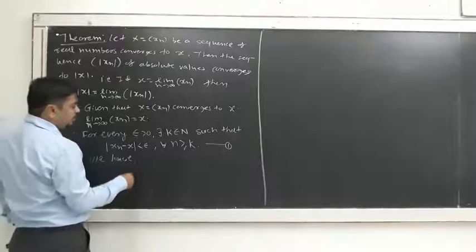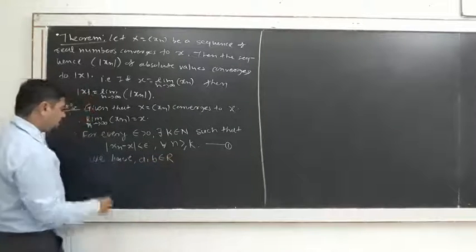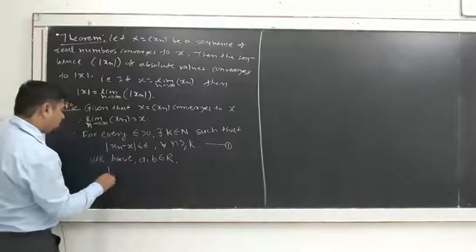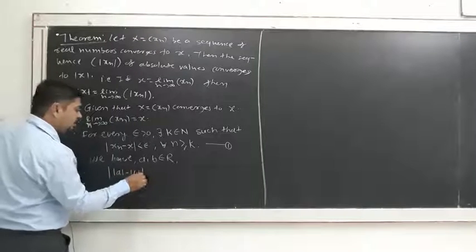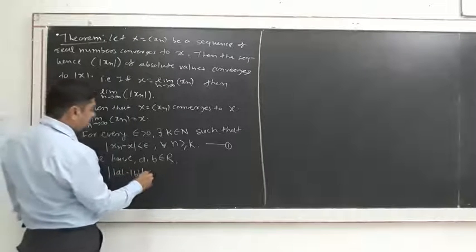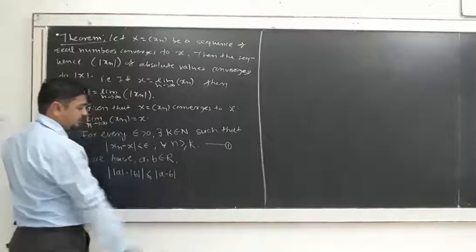If a and b are two real numbers, then ||a| − |b|| ≤ |a − b|.